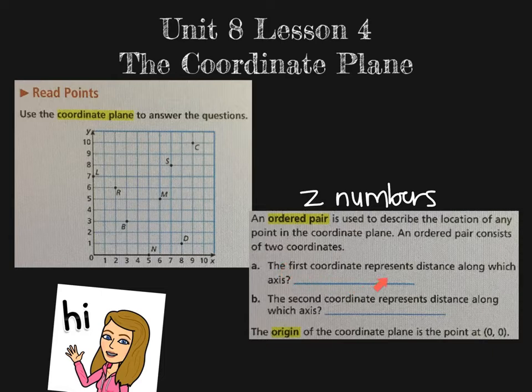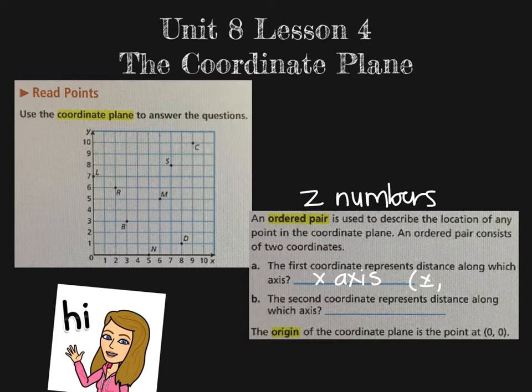Now, the first coordinate represents distance along which axis. So this horizontal axis is called the x-axis. Now what I want you to remember today is that it's important that the first number in your ordered pair belongs to the x-axis.